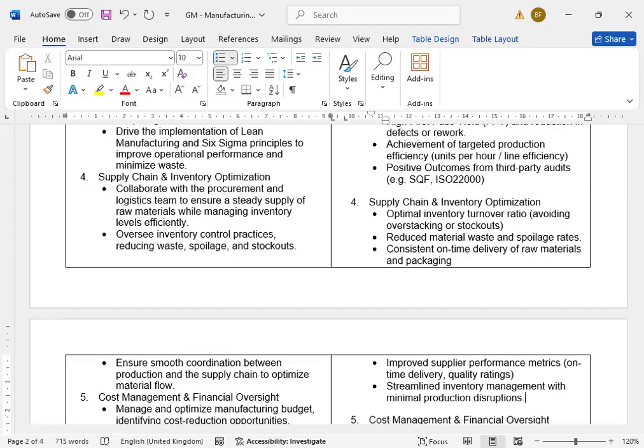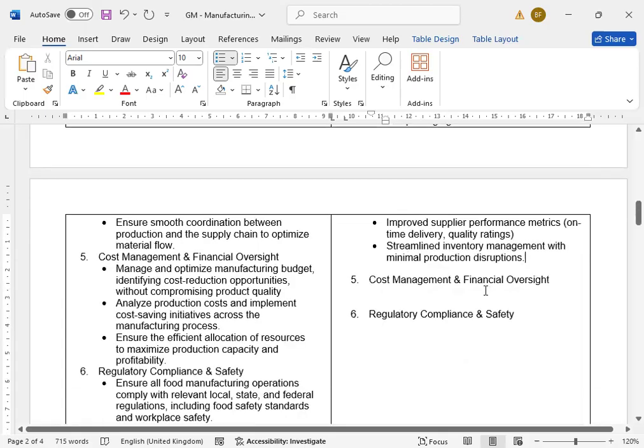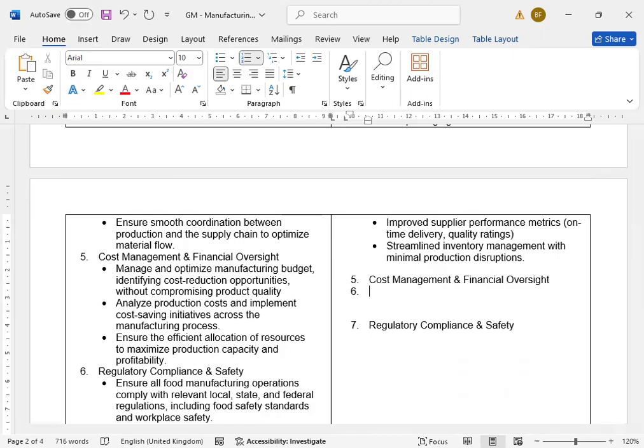Okay, that would be for number 4, success indicators. We'll get to number 5.